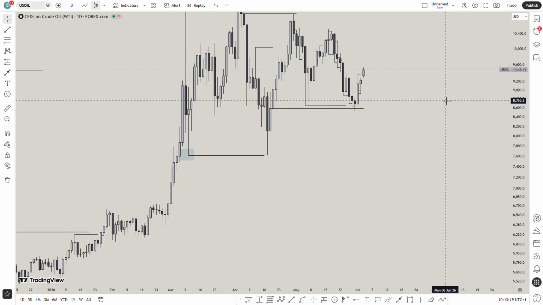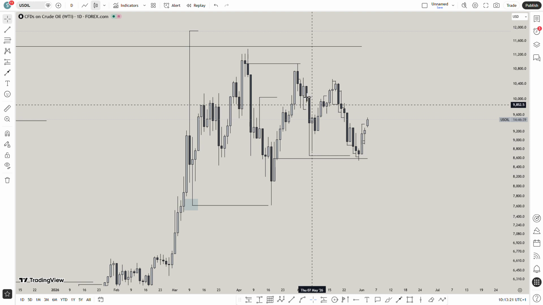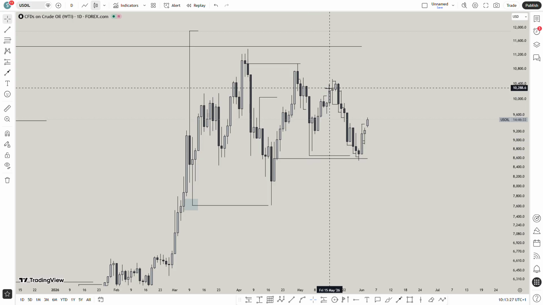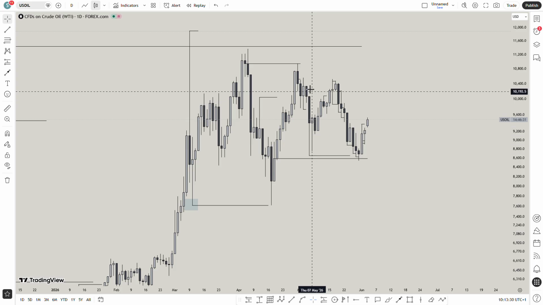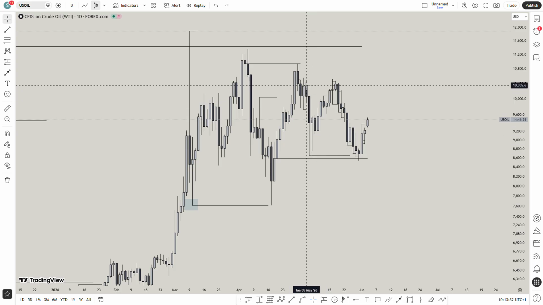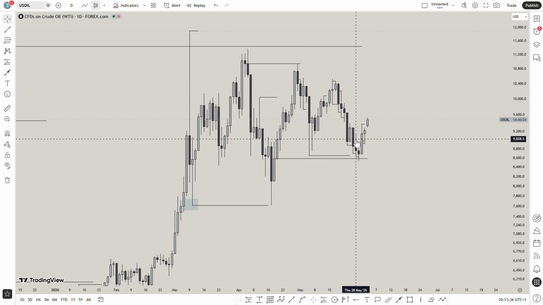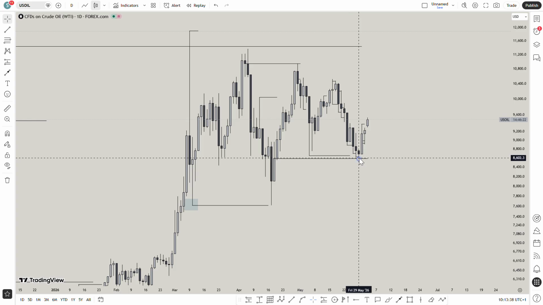And then you can also see price forming another form of structure. So we have this high, this low, this high, this low, right? And the price retraced into this range between this high and this low, tapping into this daily key level, right? And then started selling off from there and then broke structure to the downside.